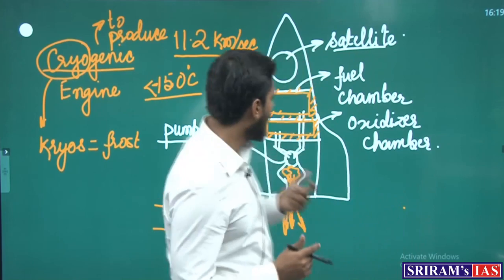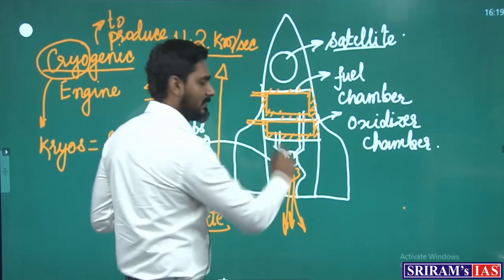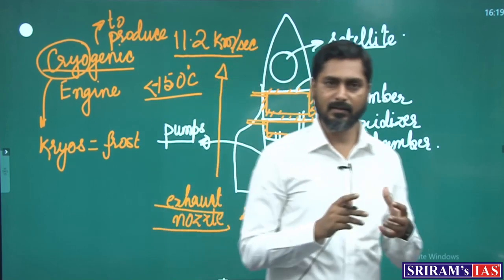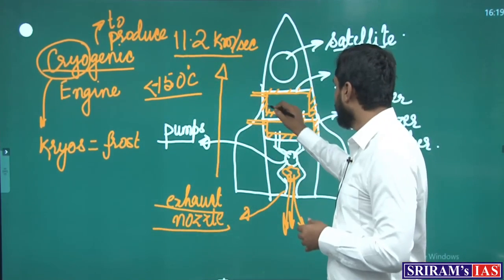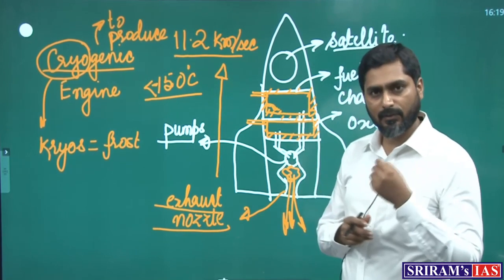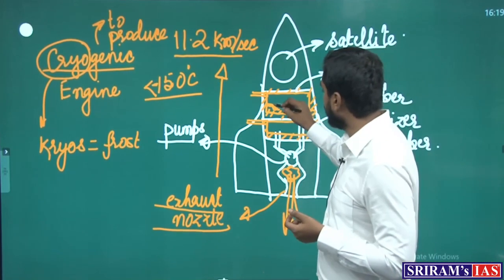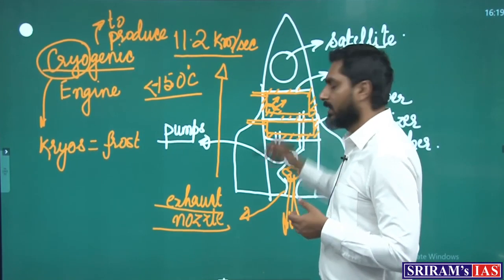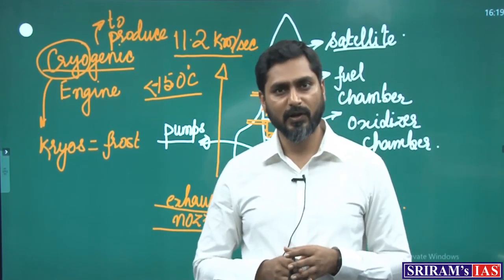We also have some vents. Why do we have vents in these chambers? If the liquid starts converting into gas, it will increase the pressure inside the chamber. How do we avoid that?